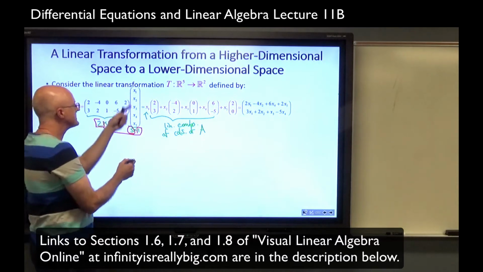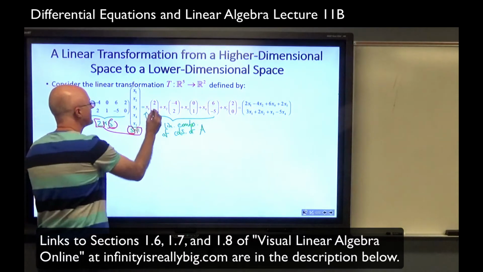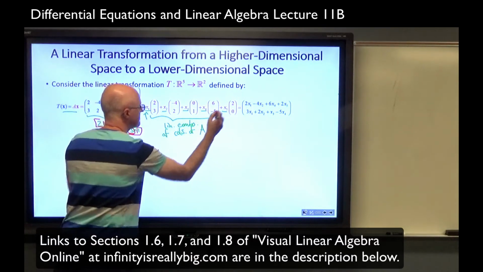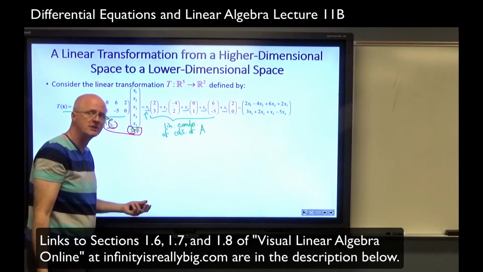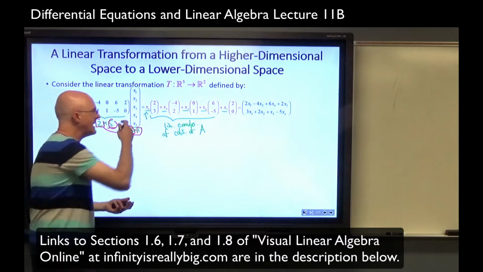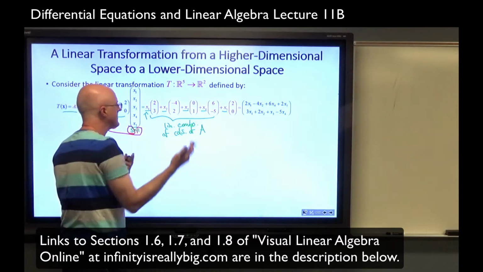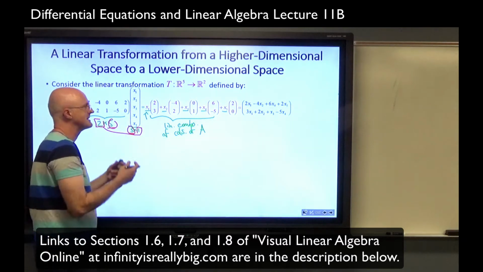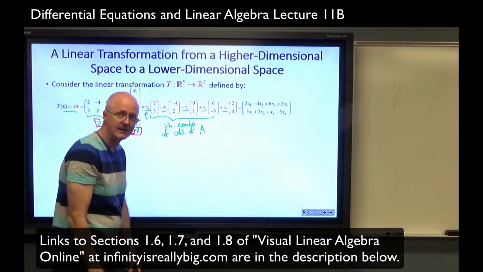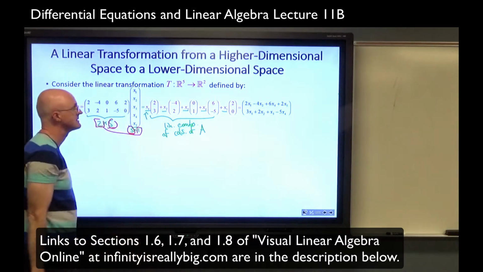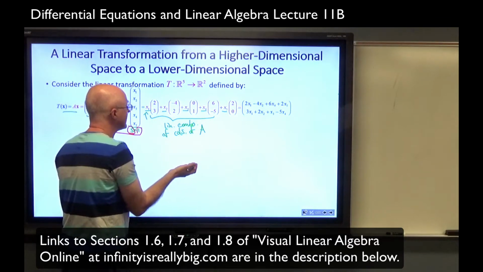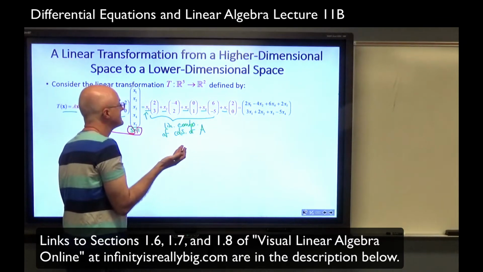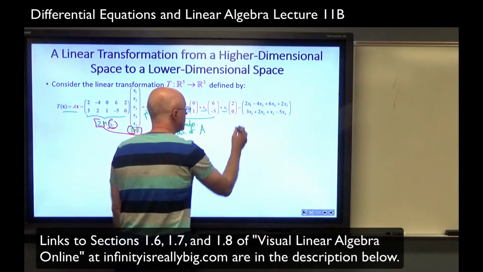The entries from the vector, x1, x2, x3, x4, x5, are the weights in front of the vectors, sometimes called coefficients, to create this linear combination. A linear combination of vectors, you just add up scalar multiples of the vectors. That's what a linear combination of vectors is. But then, by the definition of how you multiply vectors by scalars and how you add them component-wise, this can be simplified to that.